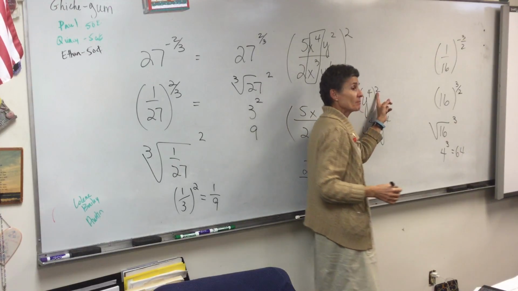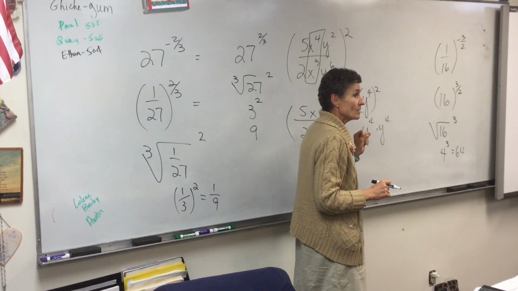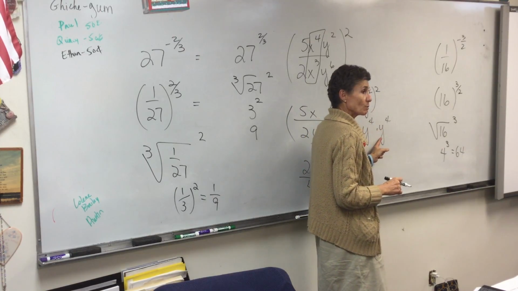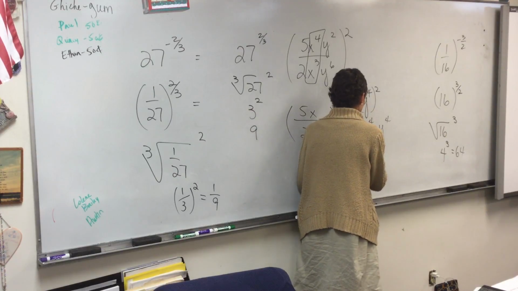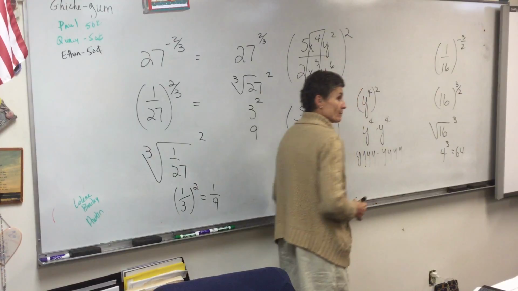When I square something, it means I multiply it by itself. That's what squaring means. So y to the 4th squared means y to the 4th times y to the 4th, and that's y times y. How many y's are there? 8.